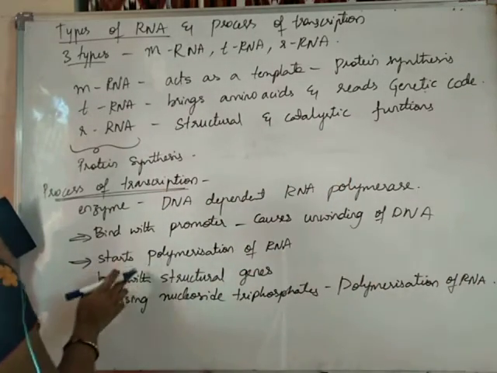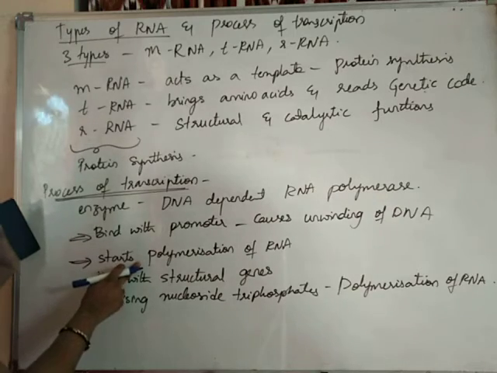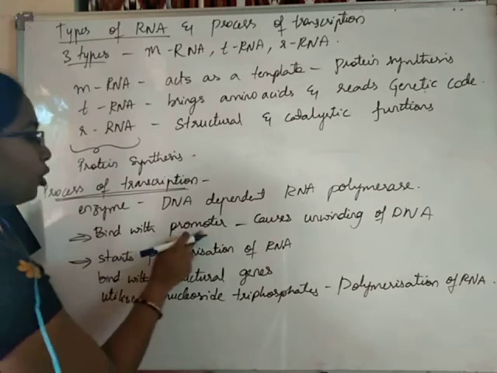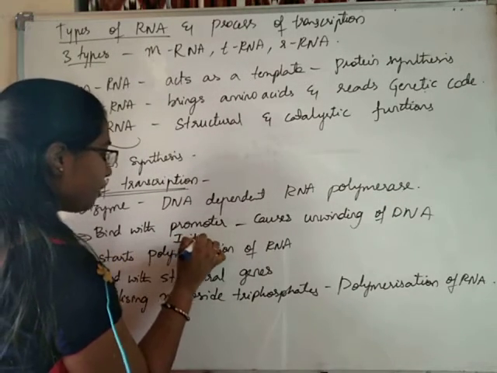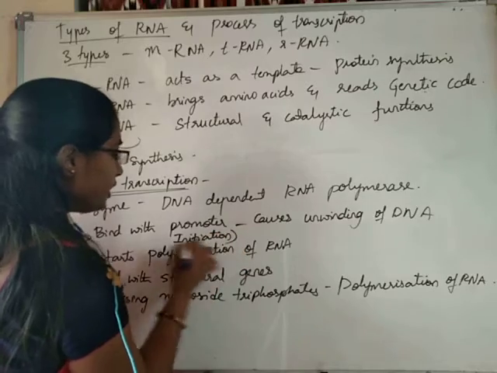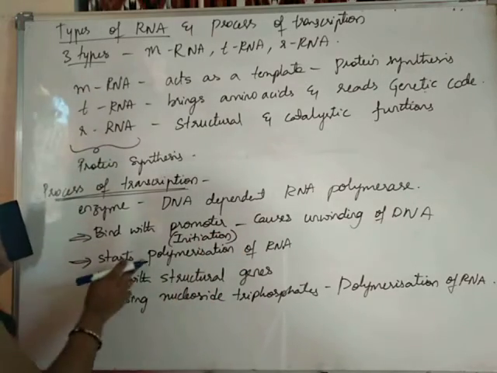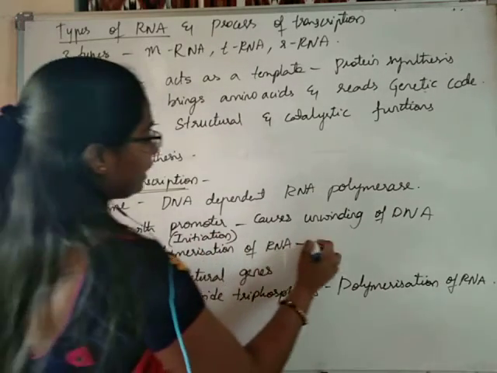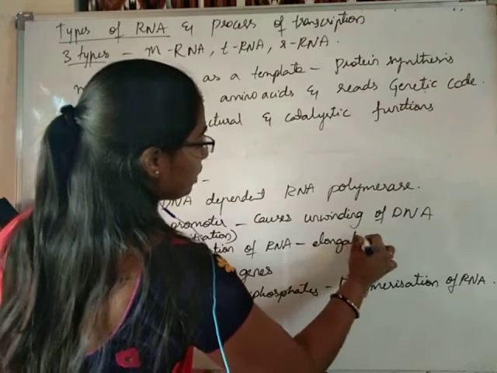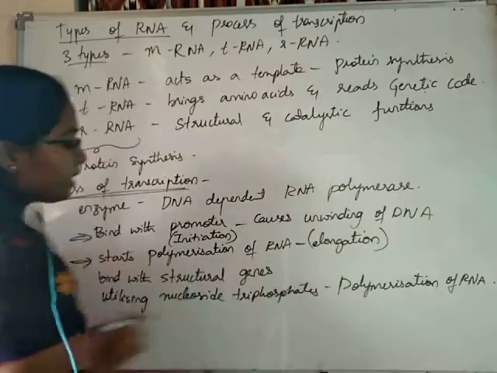Students, this point is very important. Here binding with the promoter is initiation. Starting of polymerization of RNA is elongation. Remember these steps.